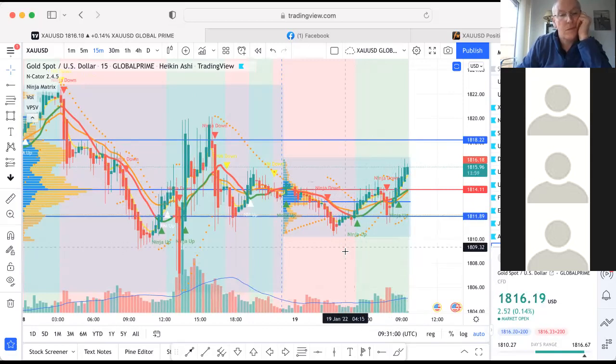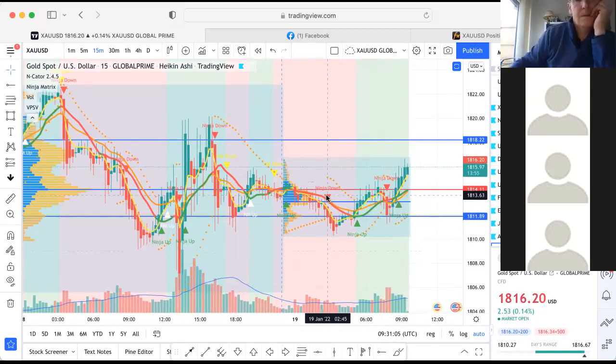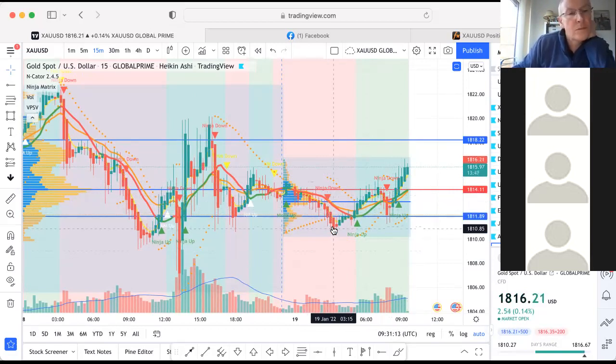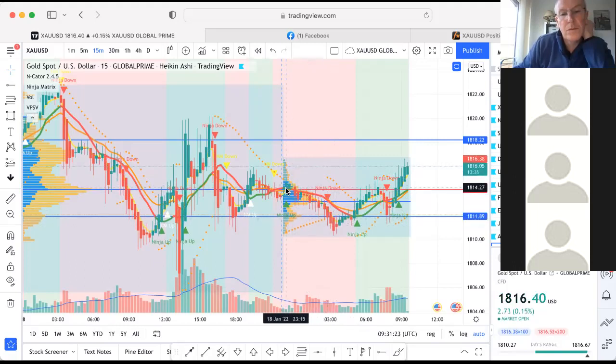If you back test that, you can see that here it was moving down, and the 5 was increasingly moving away from the 13. As soon as it changed direction, that was when price changed direction. So I keep an eye on the 5.